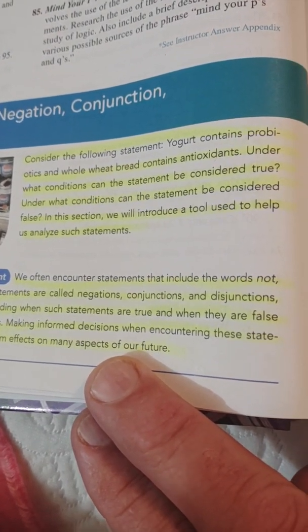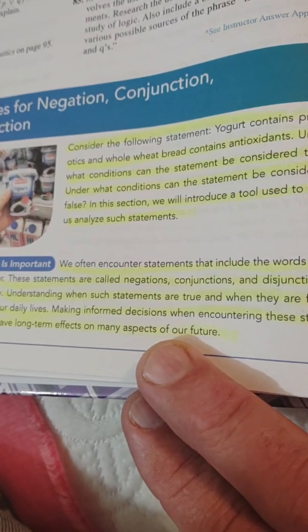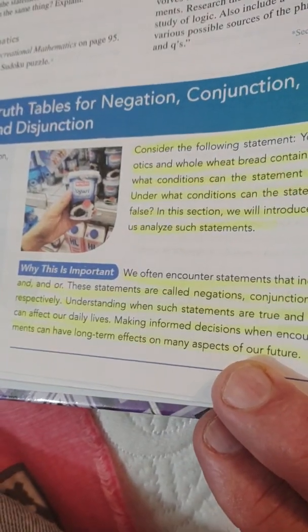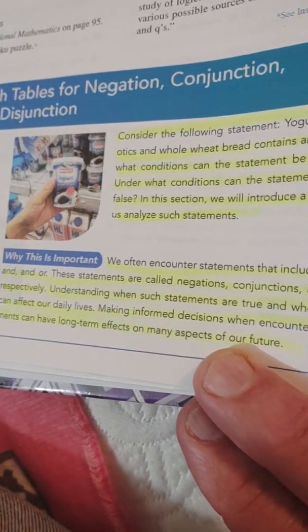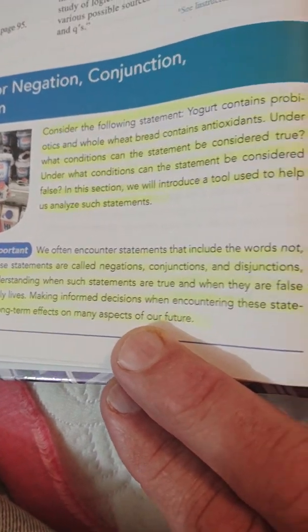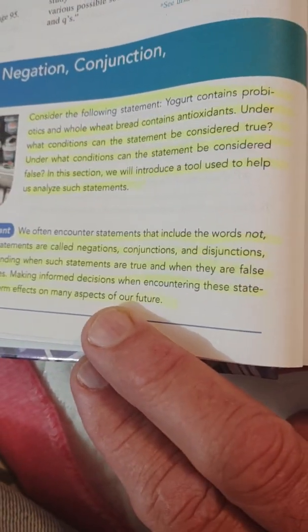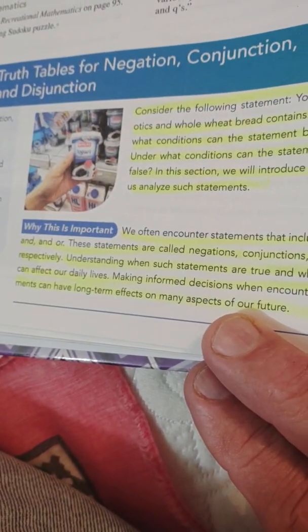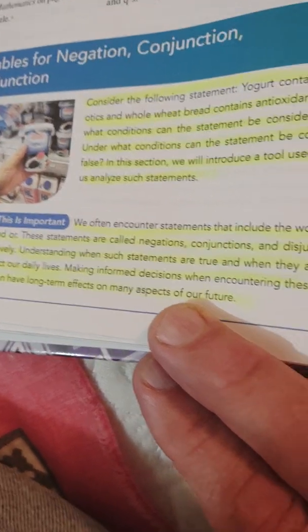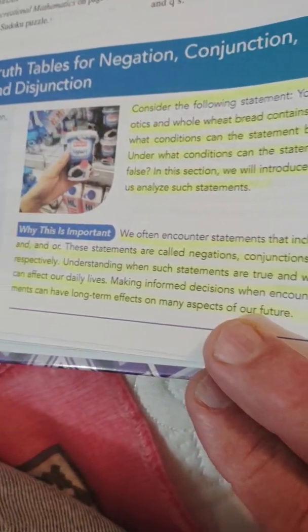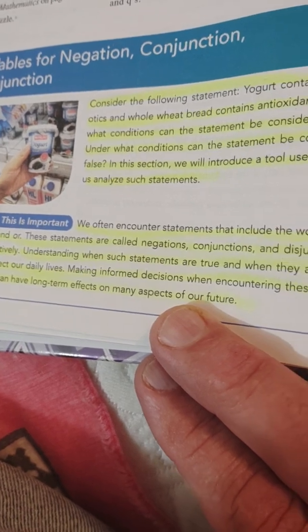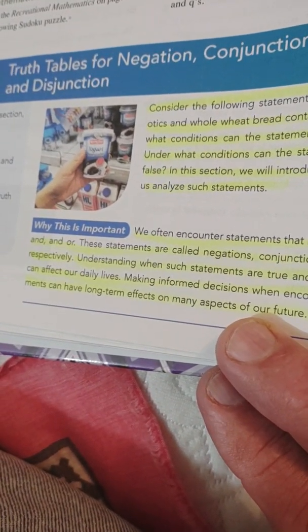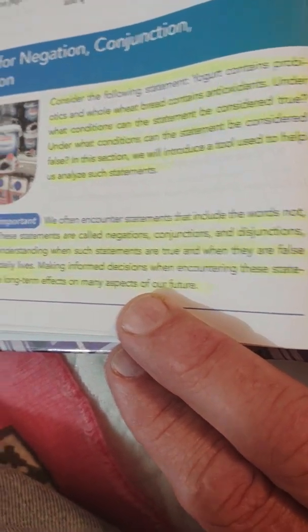We often encounter statements that include the words not, and, or. These statements are called negations, conjunctions, and disjunctions, respectively. So, again, negation is a not, conjunction is an and, disjunction is or.